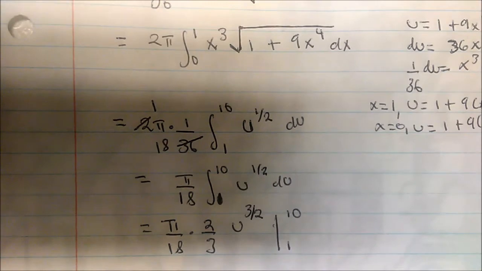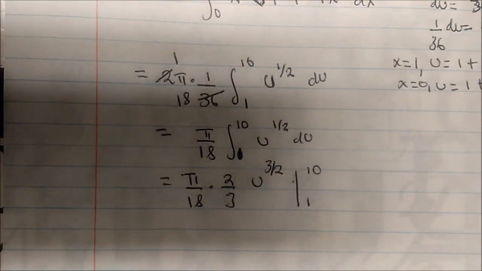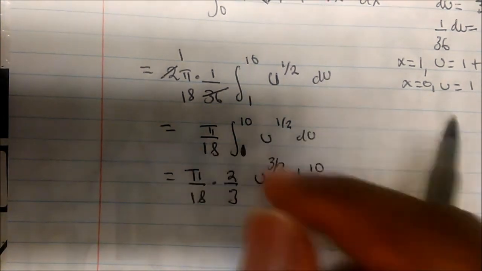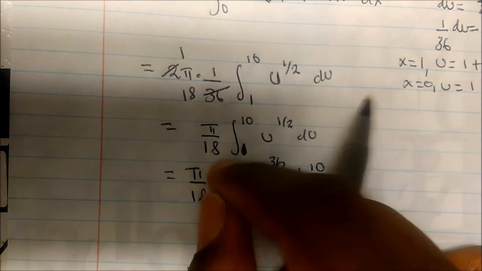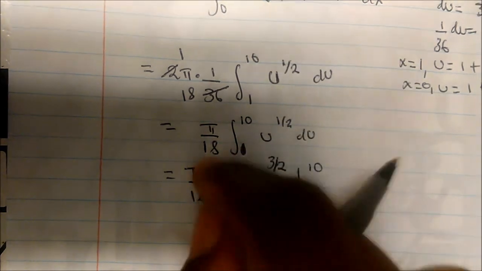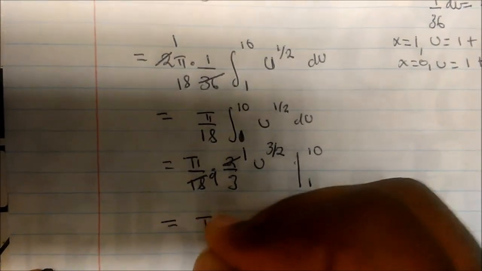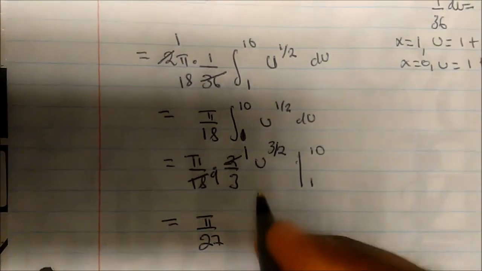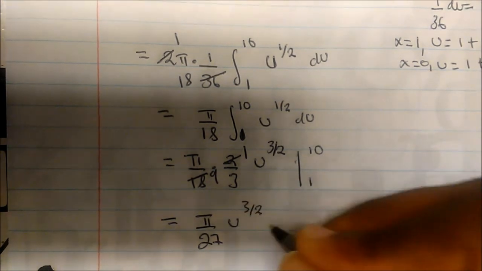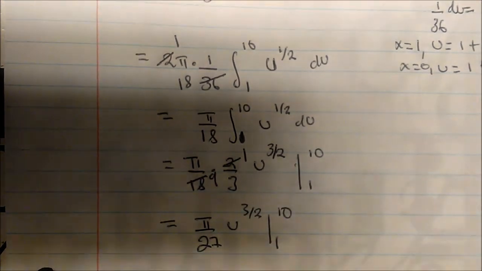Now we can see that if I multiply, this is 1, this is 9, and 9 times 3 is 27. So this is pi over 27 times u to the 3/2, evaluated from 1 to 10.